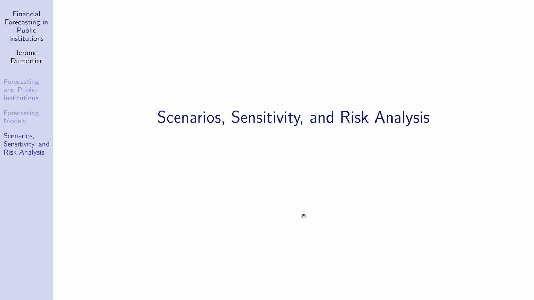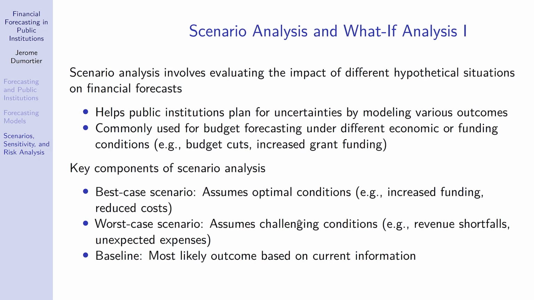Now, the last part is going to cover scenarios, sensitivity, and risk analysis associated with your forecast. Think about the forecast as a mathematical model, where you can change the input parameters and see how those changes affect your forecast.